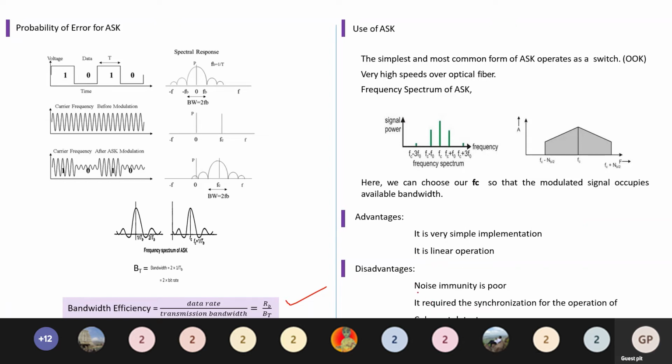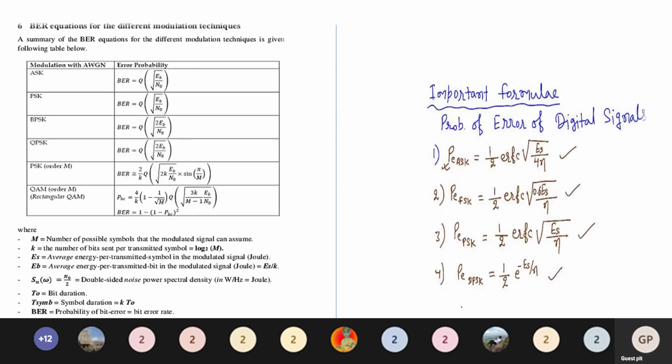So immunity towards noise is very poor in an ASK system, and it also requires a synchronization operation. What does synchronization mean? Whatever type of carrier we use at the encoder, that exact carrier we have to use on the demodulation side. That's why it's called a synchronous coherent detector. The same carrier we have to use at the detector side, the demodulation side. That's why it is called a coherent detector.